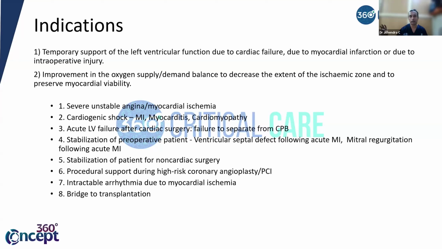So one is where the myocardium is damaged and you want to support it, as it is not able to function, like in heart failure. The other is to improve the supply-demand balance, as it improves coronary perfusion, so that will improve your oxygen supply. These are the two categories. You can subdivide them further, but I'll not go into detail. Broadly, one is supporting the mechanical function of the heart, and the other is improving the oxygen supply-demand balance.